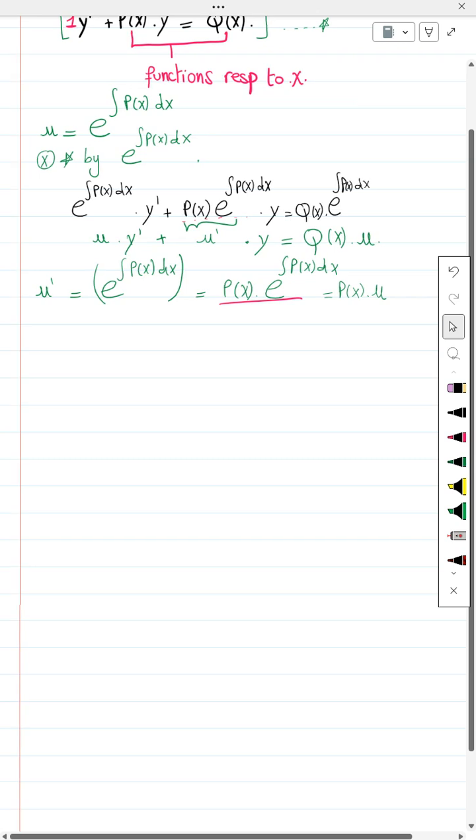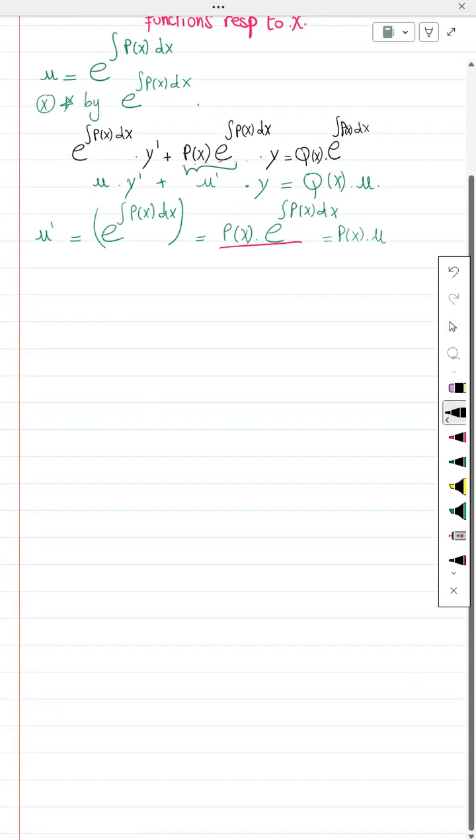If you notice, we have u times y prime plus u prime times y. And this is the derivative of the product of the functions u times y. (u y) prime is going to be u prime y plus y prime u, as we have seen.